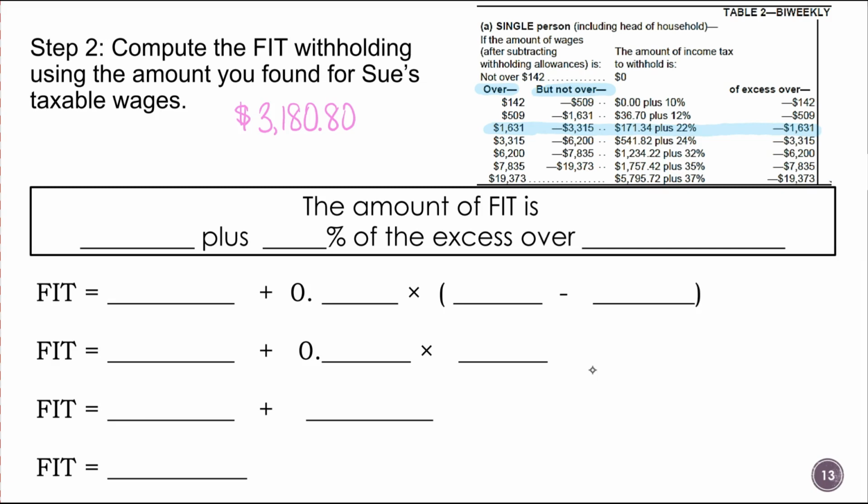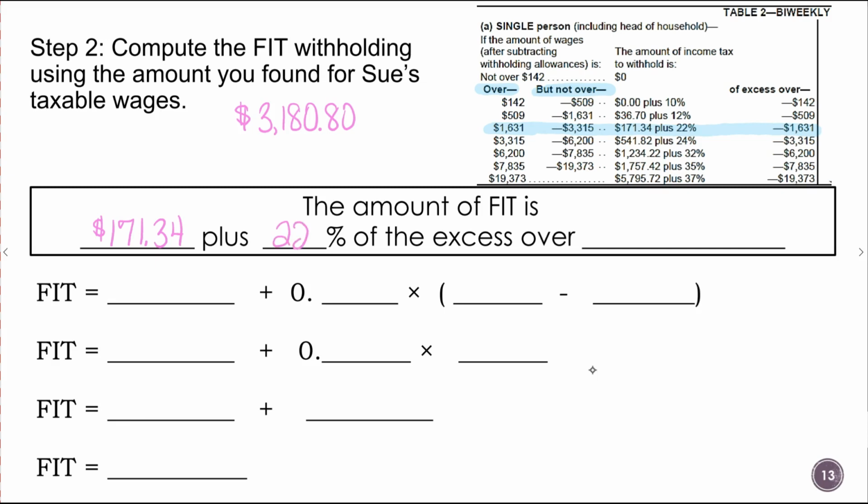So we're going to use the chart then to write out a few things here, and I kind of have this listed in a certain way to try to help you work your way through this. So she has to pay $171.34 plus 22% of the excess over $1,631.